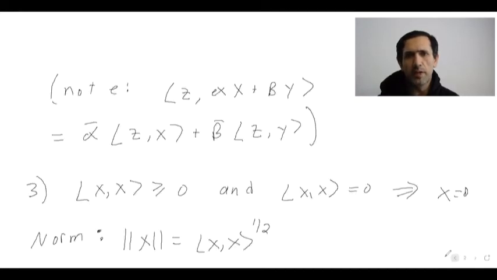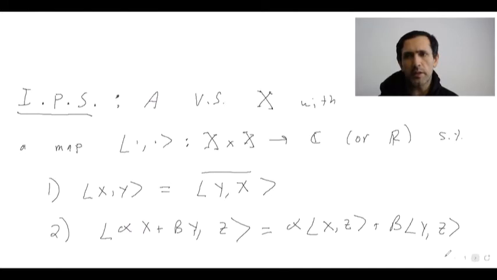All right, so let's prove that we actually have a norm. Everything but the fact that the triangle inequality is true is pretty trivial. It really just follows from 2 and 3.